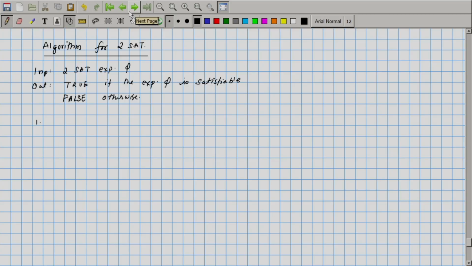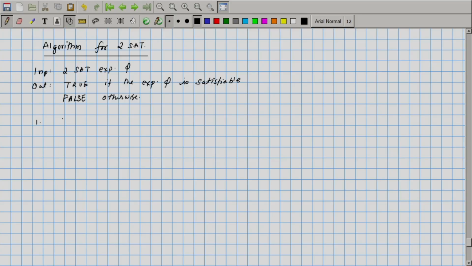If luck is on our side, we will get a satisfying assignment. In fact, what we will show is for every expression which is satisfiable, luck will be on our side. In other words, with a very high probability, we will find a satisfying assignment.